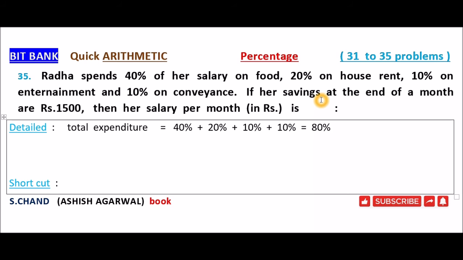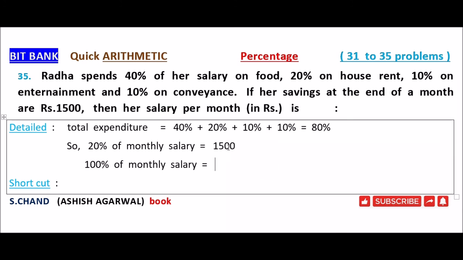So 20% savings at the end of the month is 1500 rupees. That means 20% of monthly salary is equal to 1500. If 20% of monthly salary is 1500, then 100% of monthly salary, that means total salary, is equal to 1500 divided by 20 into 100.